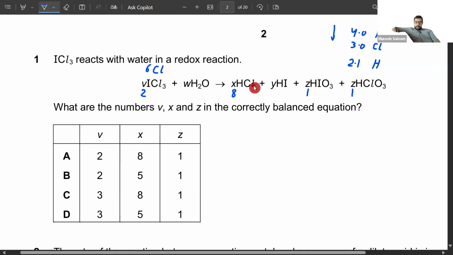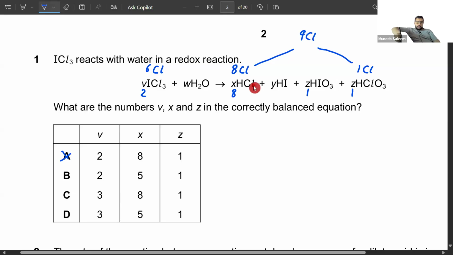On the right side, we have 8 chlorine from this side and 1 chlorine from the product HClO3, so in total we have 9 chlorine on the product side, whereas there are 6 chlorine on the reactant side. There is no other substance on the reactant side that would add chlorine. So we could say A is not the correct answer.